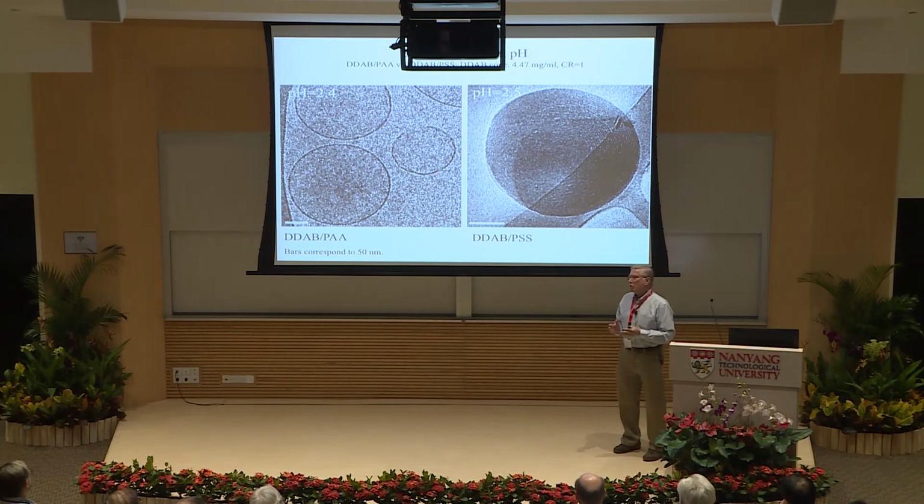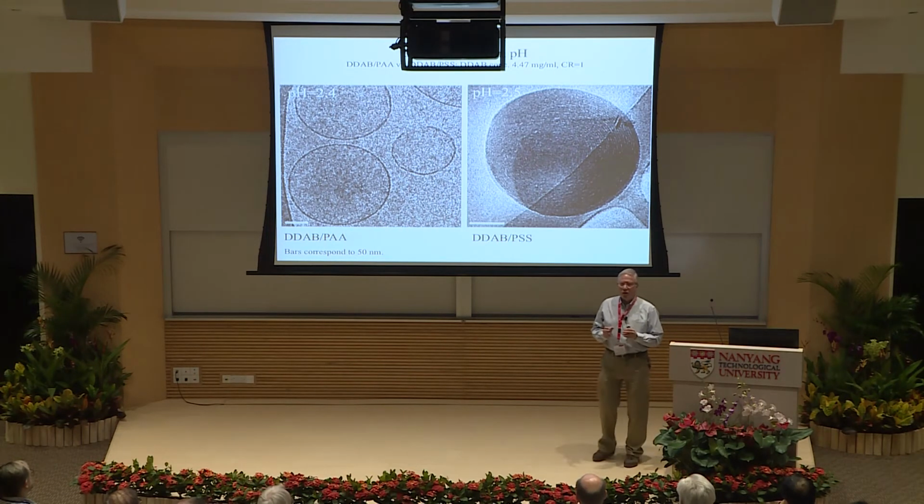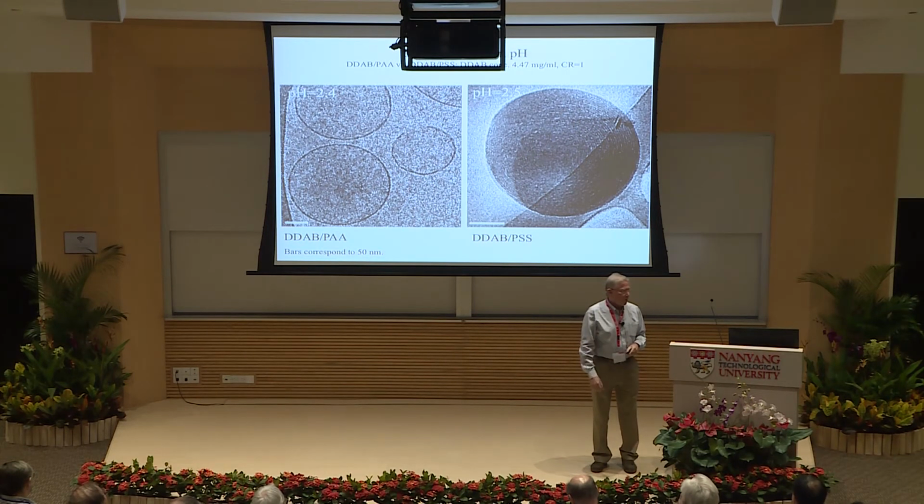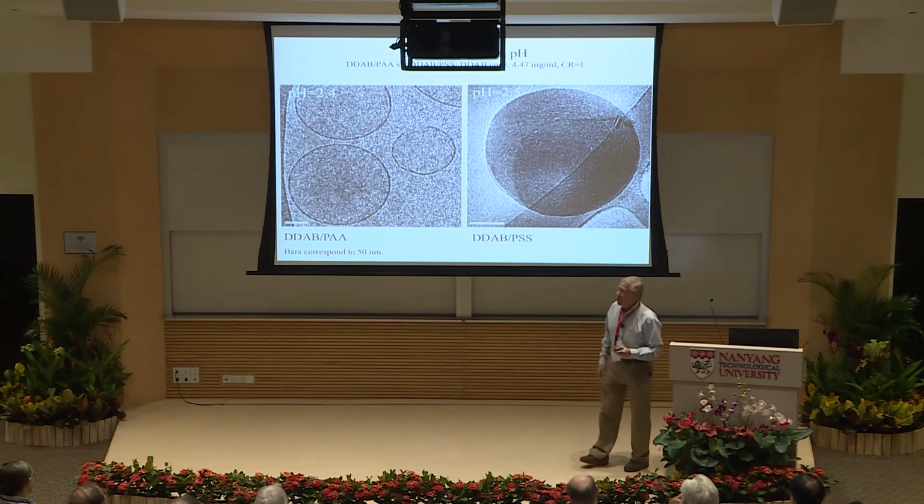It's an excellent tool to identify what your structures are, to identify the building blocks of your structure. If you have those, you can build a physical model of what you have in your solution and then analyze it by other, more quantitative techniques like small angle X-ray scattering, and get the structure and the sizes from this structure. And this is exactly what we did.